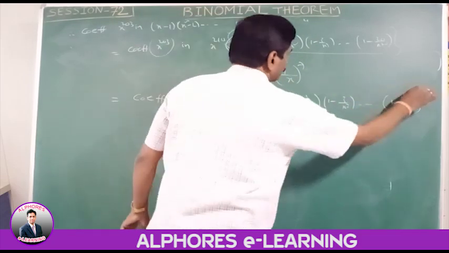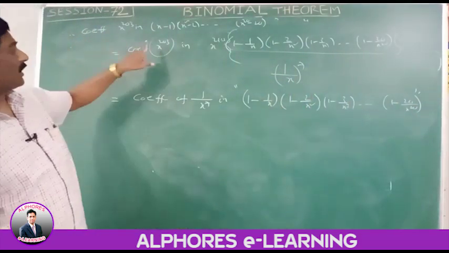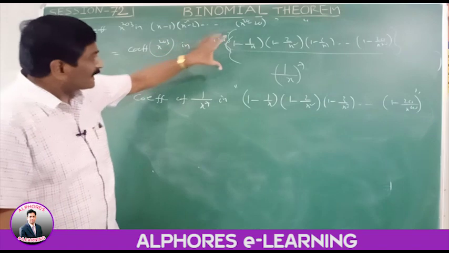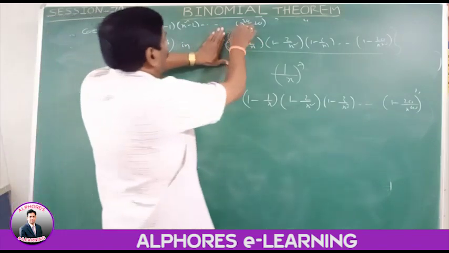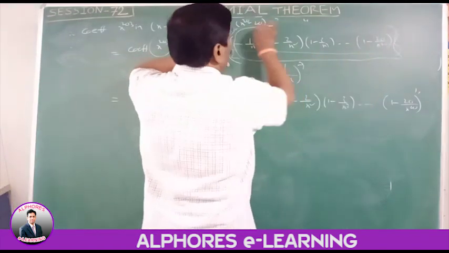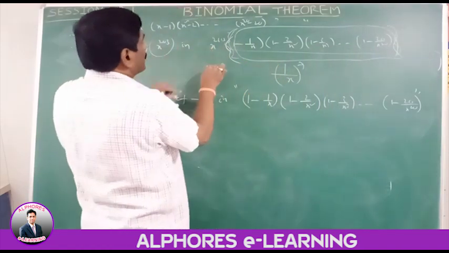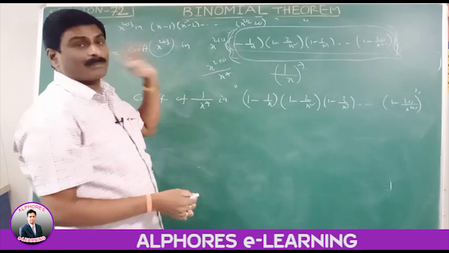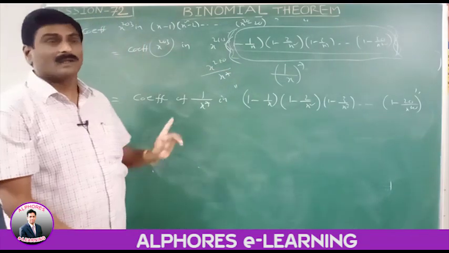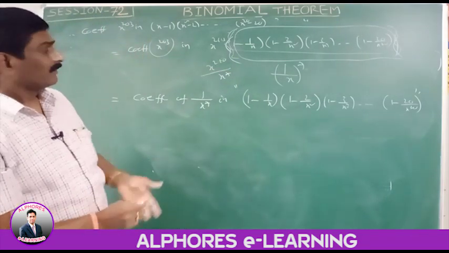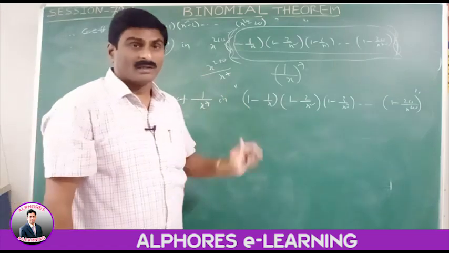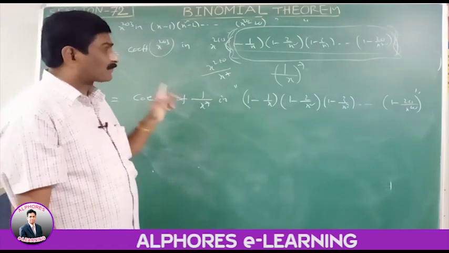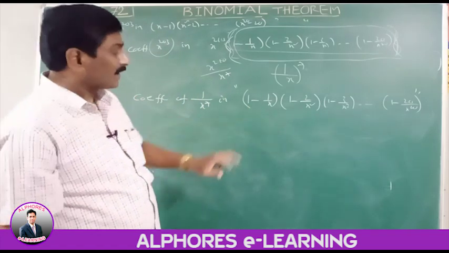Please observe: the coefficient of x^203 in this expansion is nothing but the coefficient of 1/x^7. x^210 by x^7 is x^m by x^n, which means x^(m - n), that is x^203. Very important. Now we find the coefficient of 1/x^7 in this expansion. What is that value?